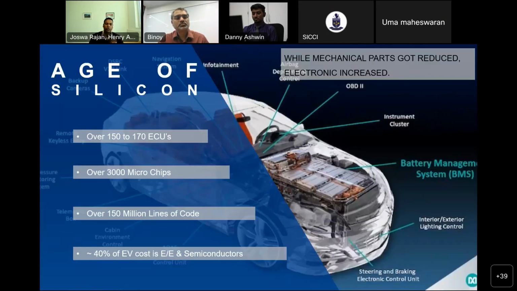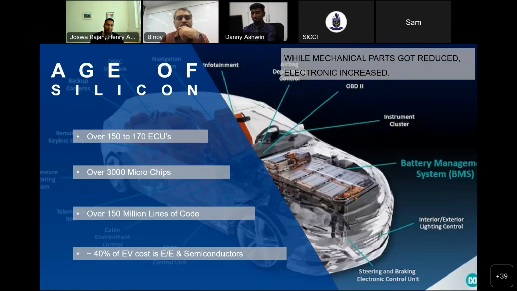To support the software, while the mechanical parts got reduced, the electronics increased. The number of sensors and the types of sensors also increased. To process those signals, make decisions in split seconds, and communicate to other devices, we need really fast and robust microchips.